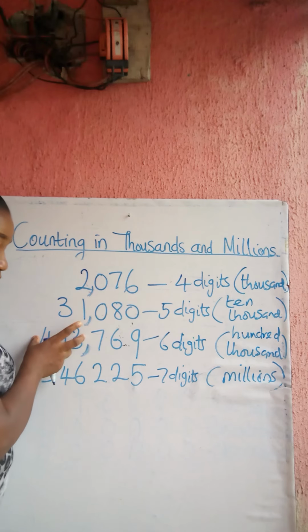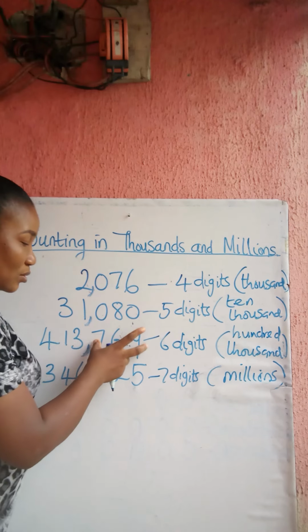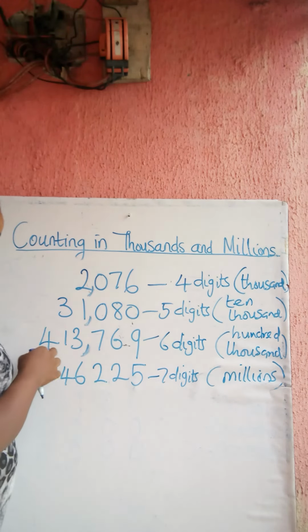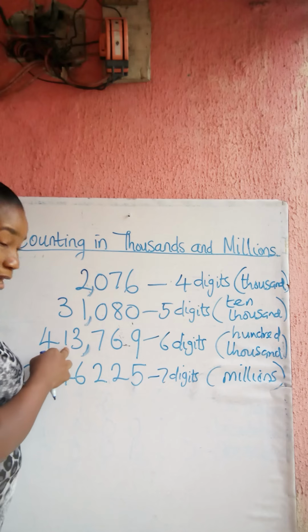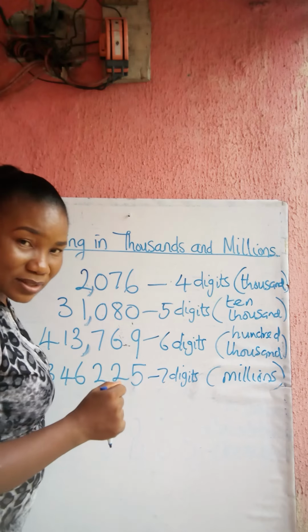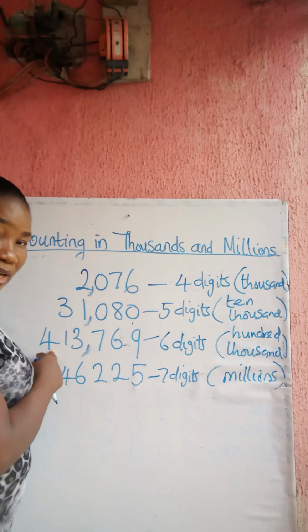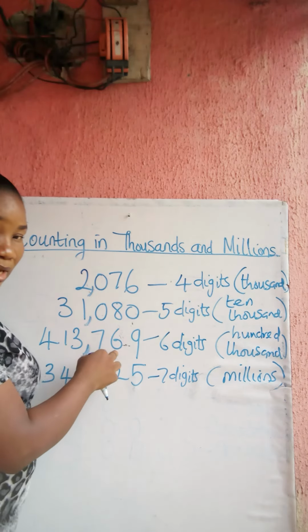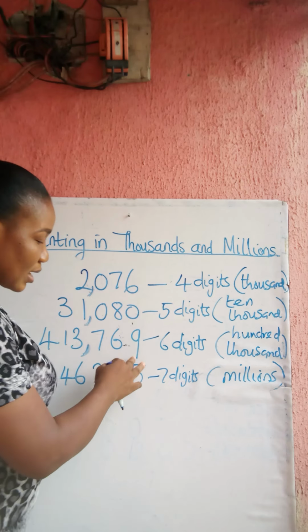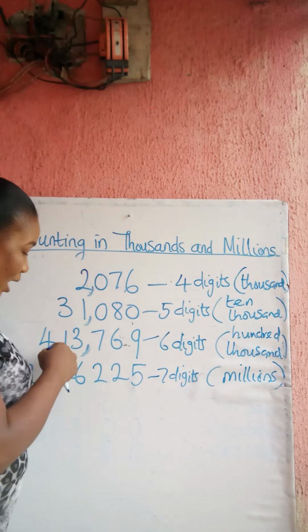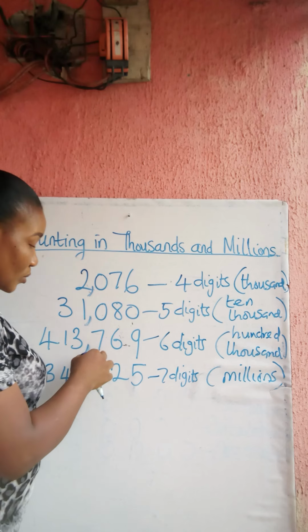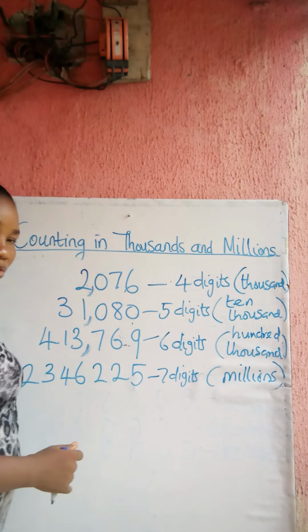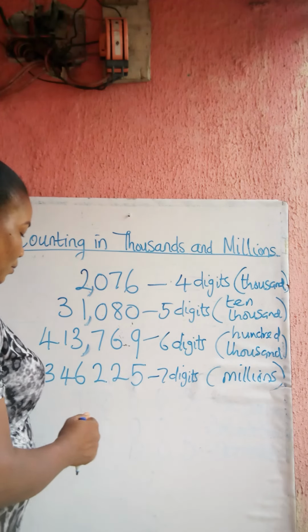So we are going to read the first 3 together, then we take the second 3 together. Now let's read it together. 413,769.